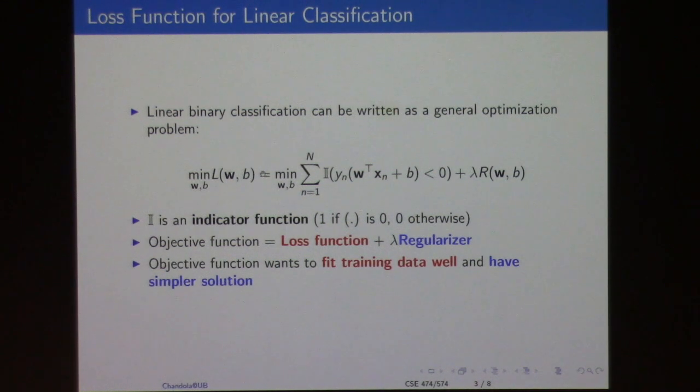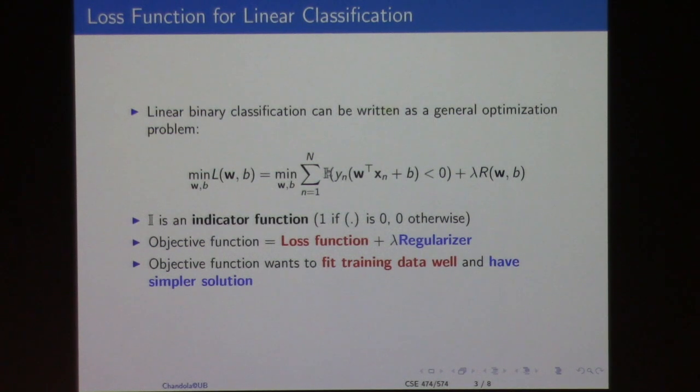So what we should minimize is the number of examples that we make an error on, right? So this kind of tells you if this is less than 0, then that means that you made a mistake, right? Because if yn was positive, then if it was on the right side, this should be positive, and if y was negative, this should be positive again, right? So these are the number of times you make a mistake.